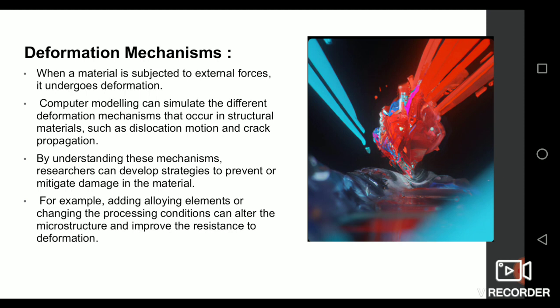When a material is subjected to external force, it undergoes deformation. Computer modeling can simulate the different deformation mechanisms that occur in structural materials, such as dislocation motion and crack propagation. By understanding these mechanisms, researchers can develop strategies to prevent or mitigate damage in the material. For example, adding alloy elements or changing the process conditions can alter the microstructure and improve the resistance to deformation.